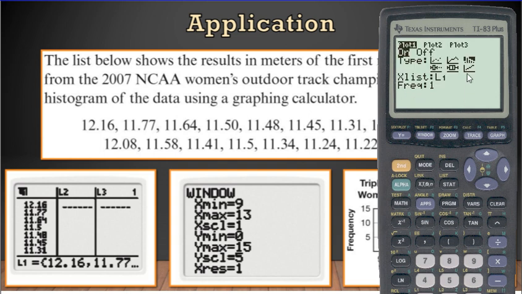We want to make sure that this one right here is highlighted, which it is. Now I can hit zoom, go all the way down to number 9. Click 9 or click enter, and then there you can see I have my histogram there.